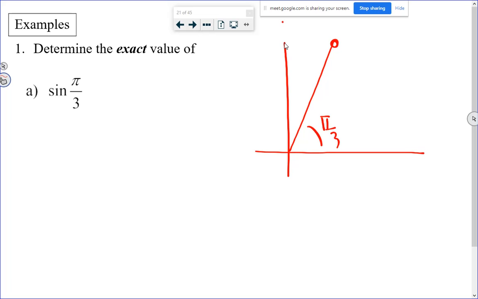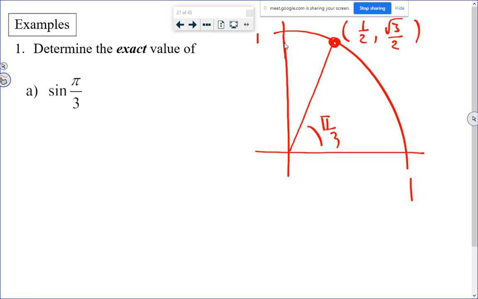Then you imagine a circle that's a unit circle. This is 1 and this is 1, and you determine the coordinates of that point. Now, I do understand that you can look at your unit circle that we completed a half hour ago, and you can read off of your unit circle that this is 1/2 and this is root 3 over 2.